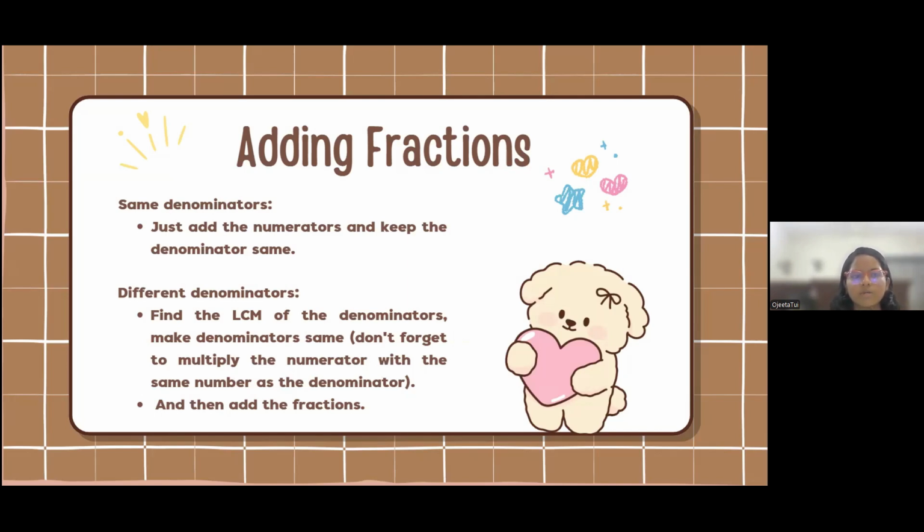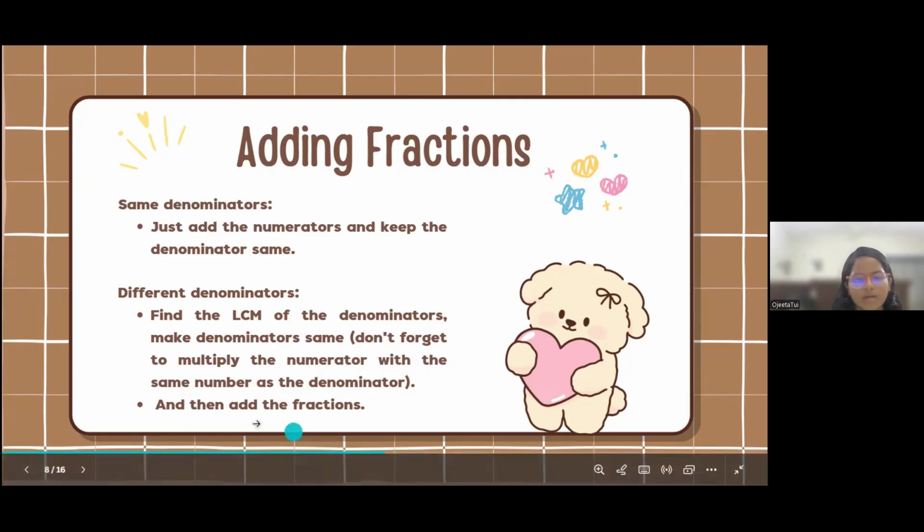So it's 15 by 20 plus 4 by 20, which is 35 by 20. And then we can make the fraction into a mixed number.